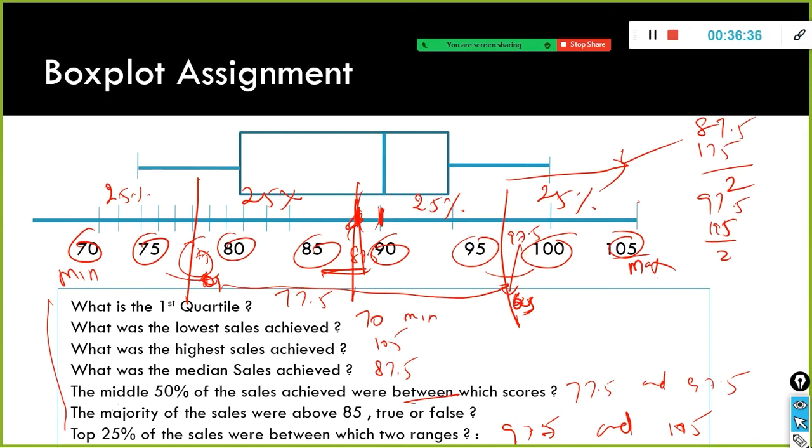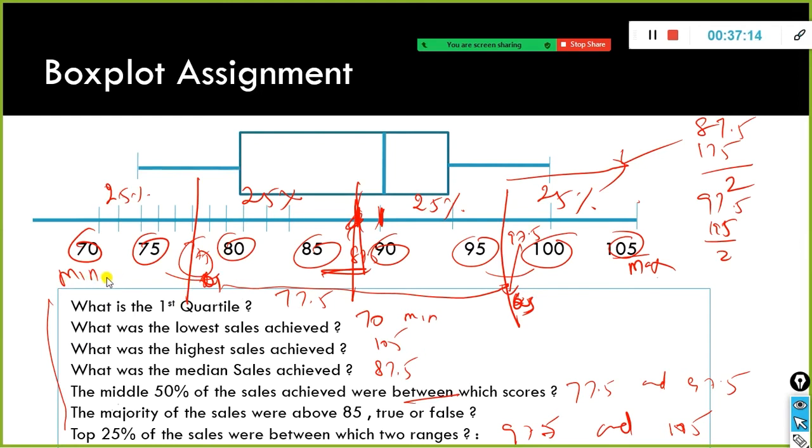For example, the middle 50% of sales were achieved between 77.5 and 97.5. Or what does this one say? 25% of the members of the sales team achieved the sales at 77.5 or below 77.5.